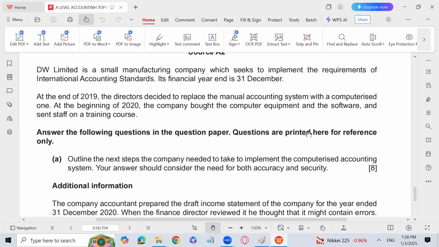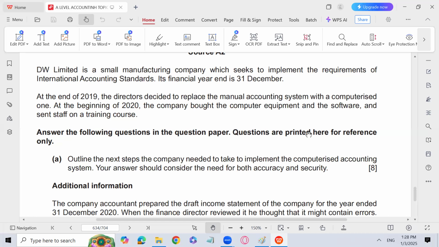We also have to see whether the manual system is properly up to date, like it has been audited or it has been verified, or verification procedures have been done. Because unless the manual system is accurate, we are going to convert it into the computerized accounting system.